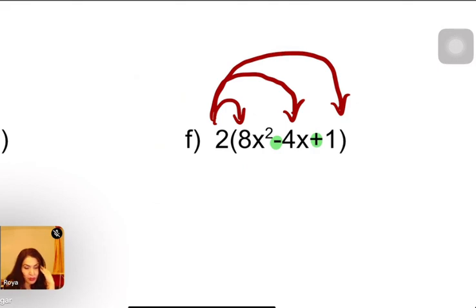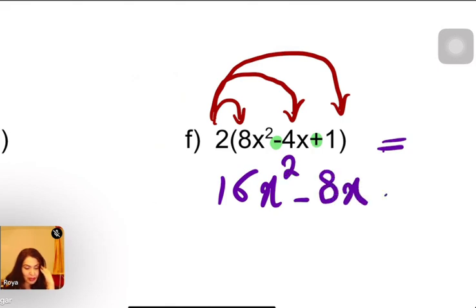It's going to be equal to 2 times 8x squared is 16x squared minus 8x plus 2. 2 times 1 is 2. When you multiply, 2 is multiplied by only the coefficient. Coefficient is a number beside your variable, multiplied by your variable.